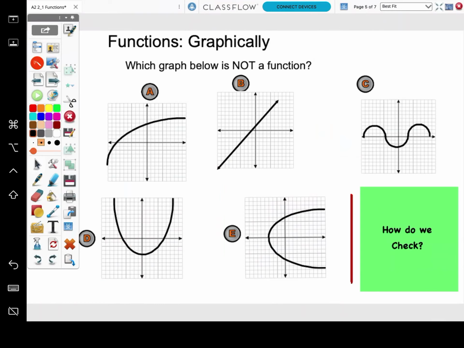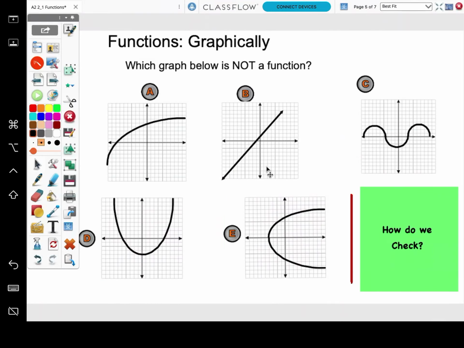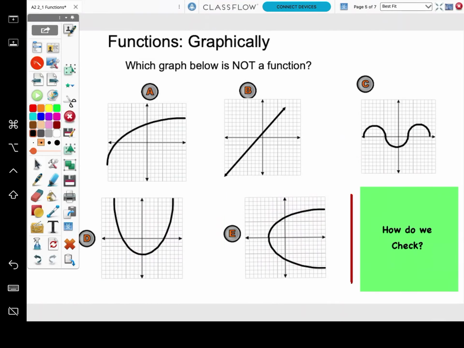Okay, what if we look at graphs? Graphs, is A a function? Maybe. Is B? How about C? How do we know? You're thinking maybe A is a function. Maybe B. C? Possibly. D? Yeah. E? How do we know? Remember the vertical line test.